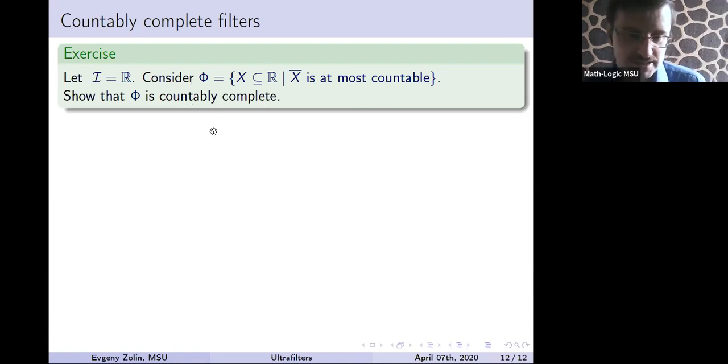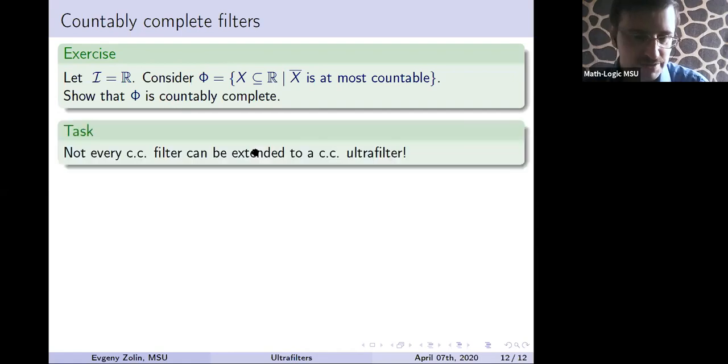So what is the case? Can we always extend any complete filter into a complete ultrafilter? This will be a task. I leave it as a task. It is not always the case. There are some complete filters that cannot be extended to complete ultrafilters.